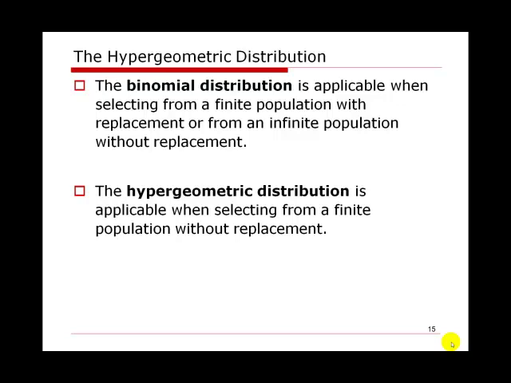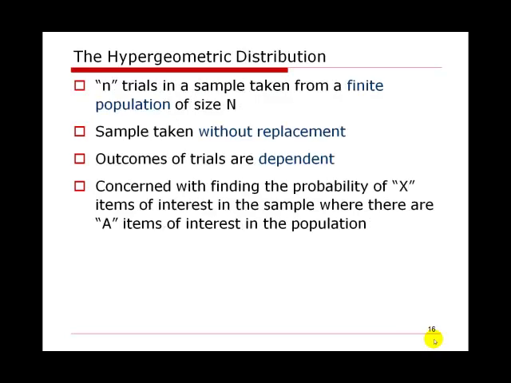While the hypergeometric distribution is used when we are selecting from a finite population without replacement. And this without replacement from a finite population makes the outcomes from the experiment or observations no longer independent from each other.